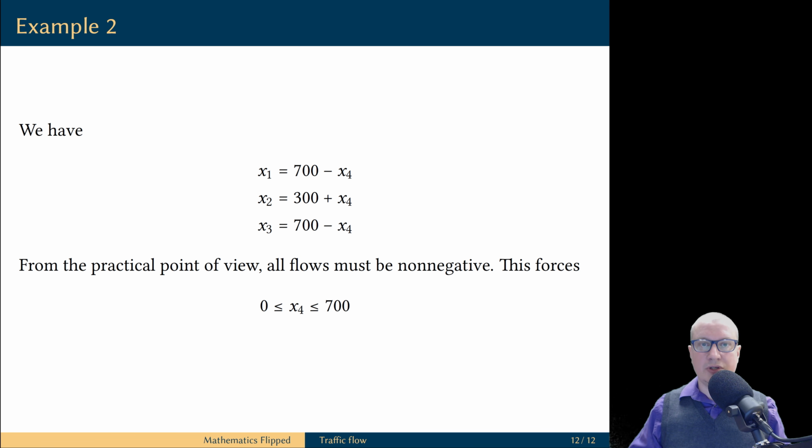And this puts the restriction on x4. It must be a value between 0 and 700. So we still have infinitely many possible ways to balance the traffic inside the network, and by choosing any value of x4, we can compute any one possible realization of this balanced flow.